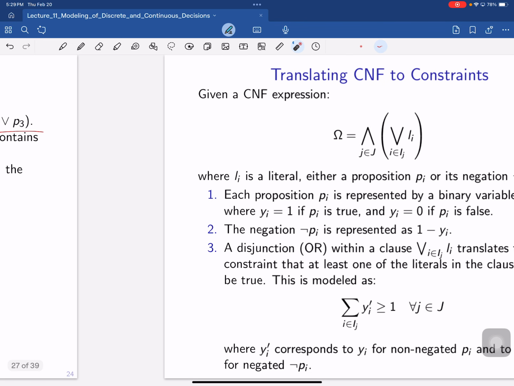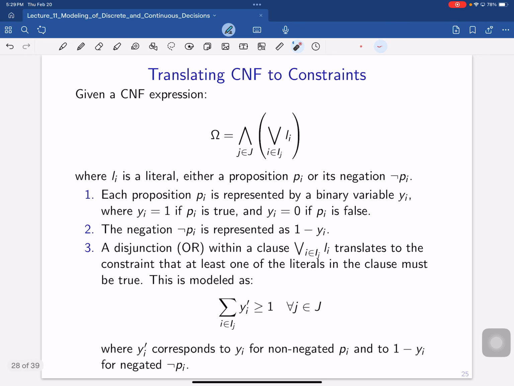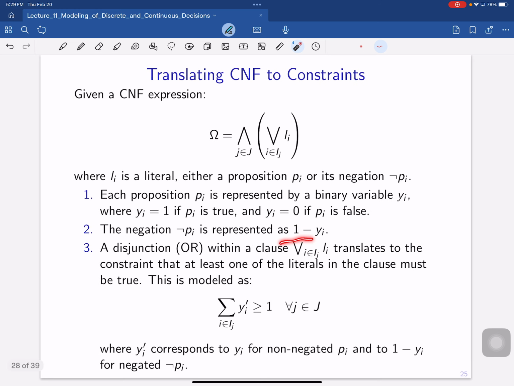So here I do have a general scheme. Each of these is a literal, either a proposition or its negation. And let's say each proposition is represented by the binary variable yi. When yi is 1, pi is true, when yi is 0, pi is false. The negation can be represented by 1 minus yi.